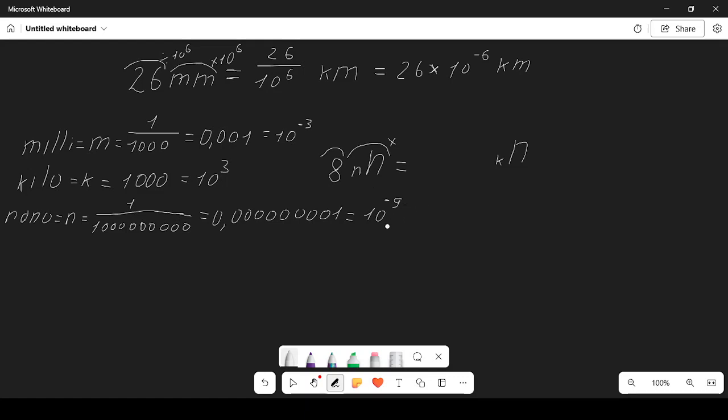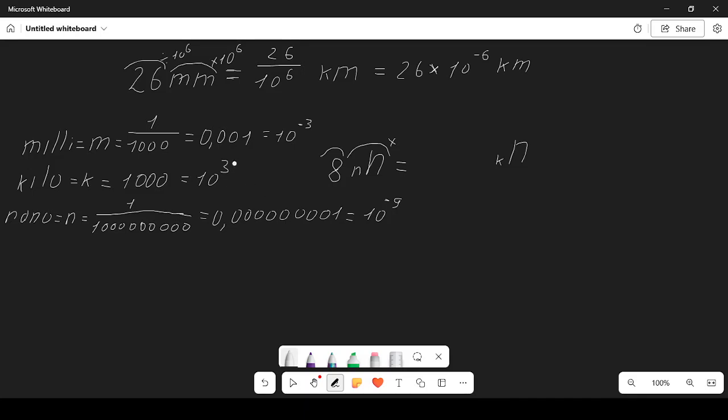Nano is 10 power negative 9. Kilo is 10 power 3. How many orders of magnitude are between them? From negative 9 to 0, 9 orders of magnitude.